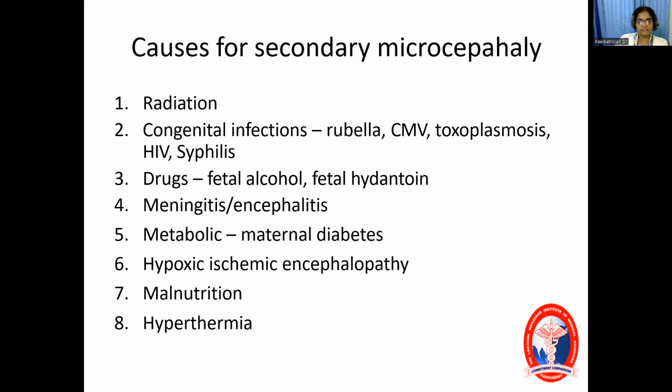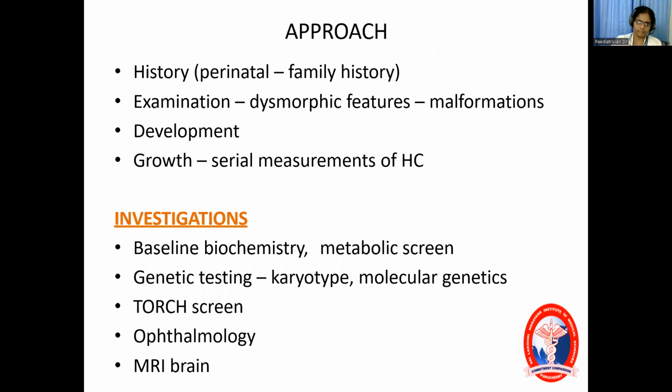Drugs, when the mother is taking either phenytoin or alcohol. Meningitis and encephalitis can also lead to microcephaly, that's secondary. Metabolic causes like maternal diabetes, then hypoxic ischemic encephalopathy, malnutrition, and hyperthermia. All these are secondary causes for microcephaly.